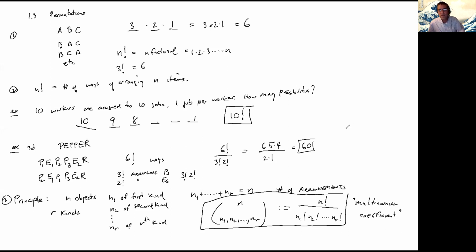We have 6 objects, P, E, P, P, E, R, and then there were 3 of the first kind, 2 of the second kind, and 1 of the last kind. And we saw that that is given by 60. Okay, so that's the example.